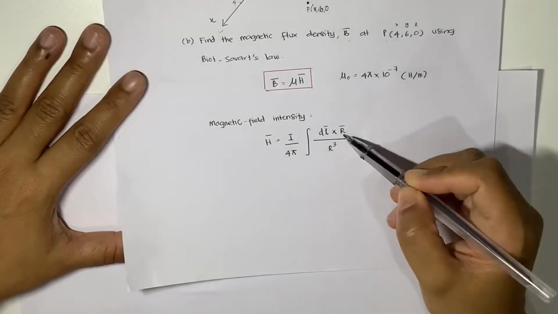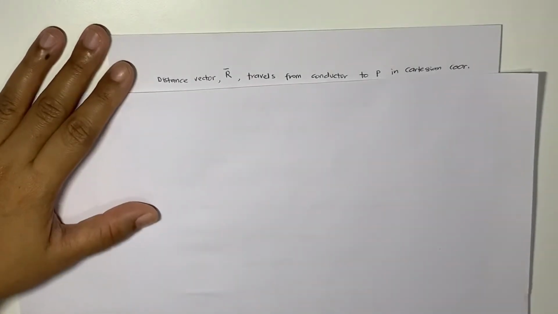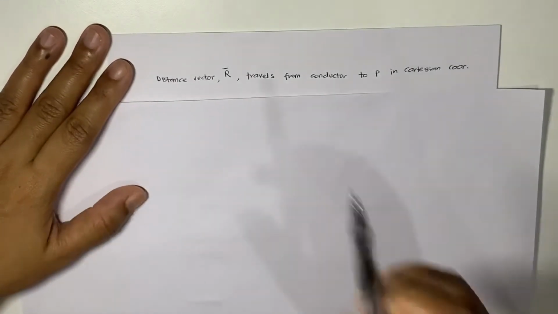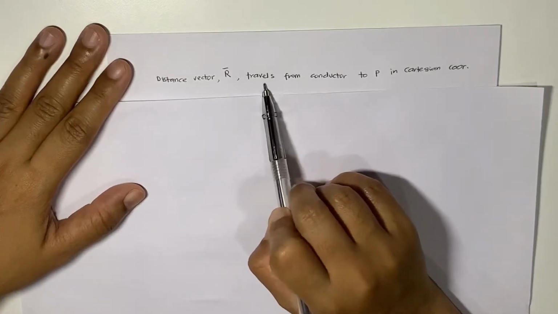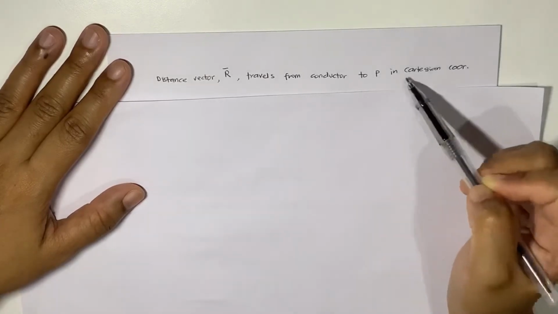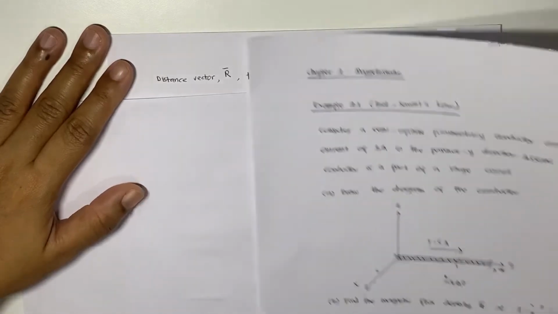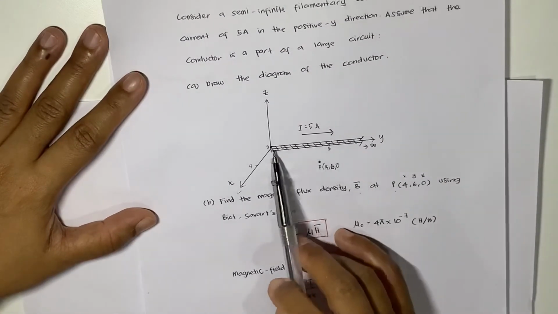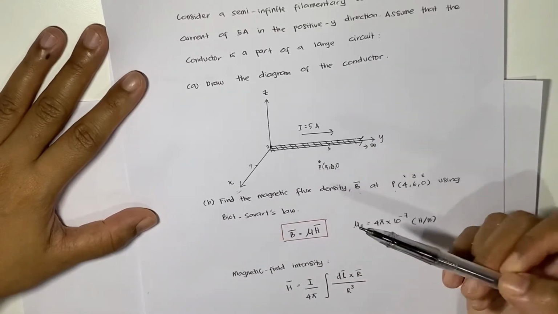How to find the first one? We need to find R, which is the distance vector. The distance vector R actually travels from the conductor to P in Cartesian coordinate. So the distance vector is the travel from the conductor to point P here.